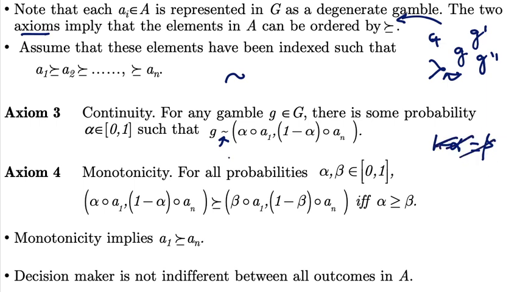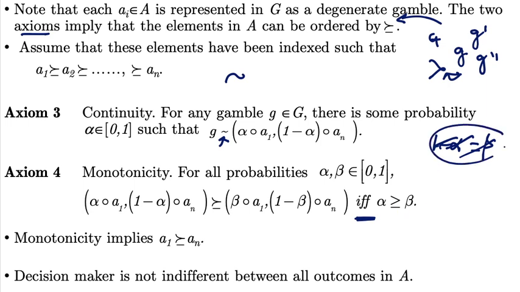So for all probabilities alpha and beta between 0 and 1 inclusively, alpha composite of outcome A1 and 1 minus alpha composite of AN is at least as preferred as beta composite of A1 and 1 minus beta composite of AN if and only if alpha is greater than or equal to beta.